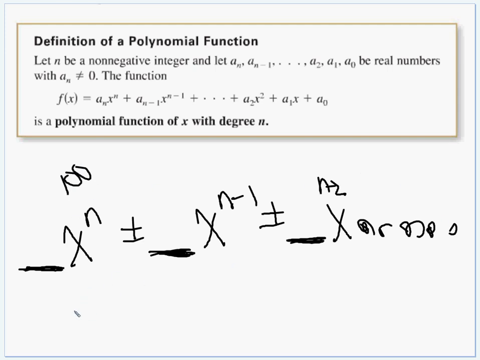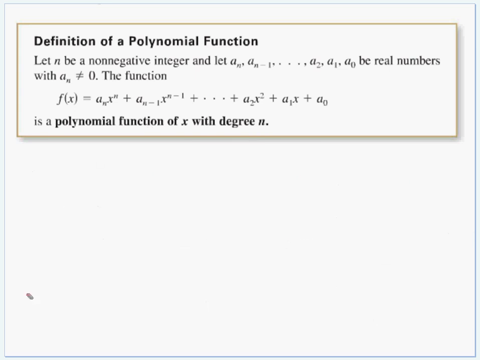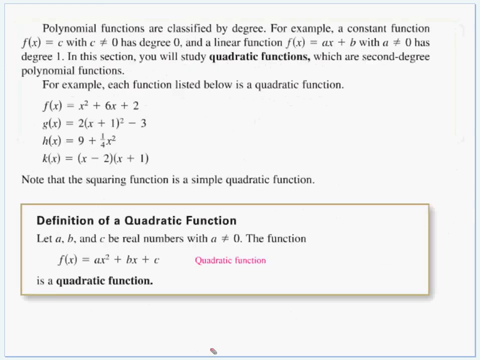And then eventually we'll get down to dot, dot, dot, some constant x squared, plus or minus some constant x to the first, plus or minus maybe a constant at the end. And that's a polynomial function in x of degree n. The highest degree is the degree of the polynomial.